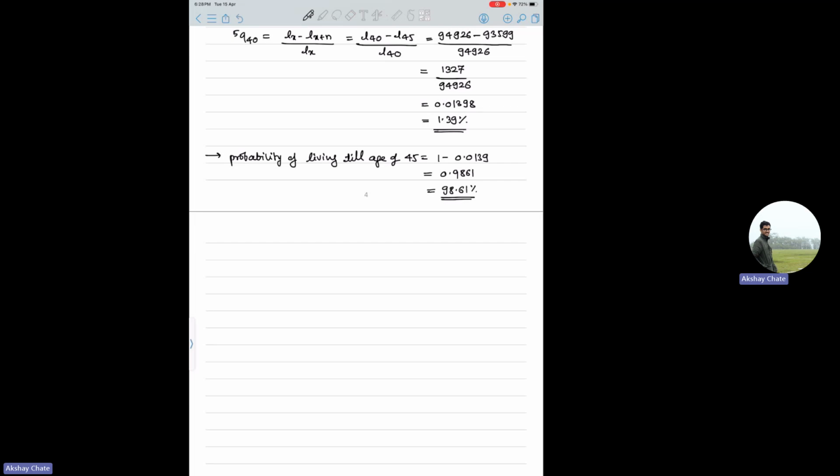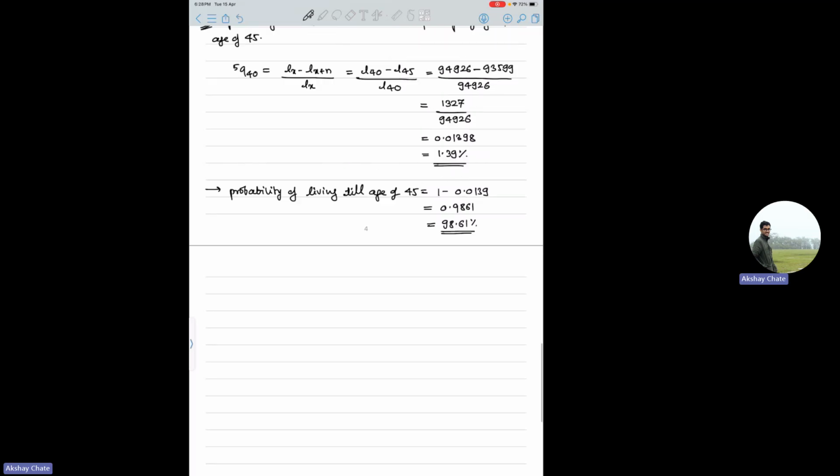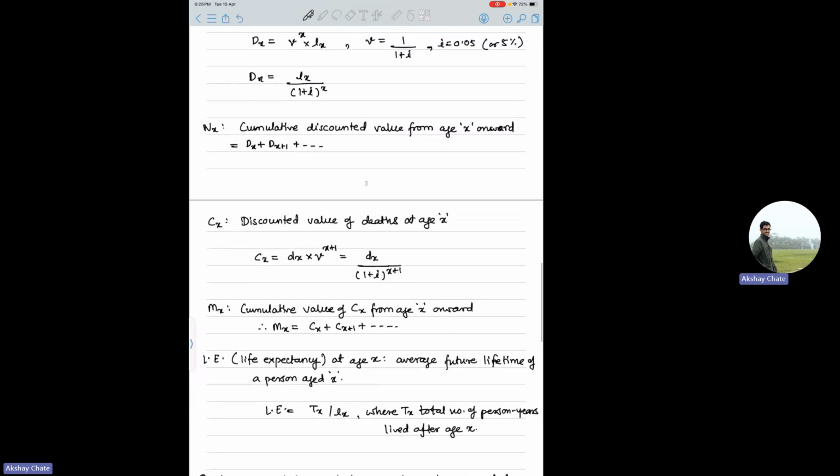Yeah, then they can ask you questions on this NX or this MX also. Okay, because NX, what it represents, cumulative discounted value from age X onward, right?